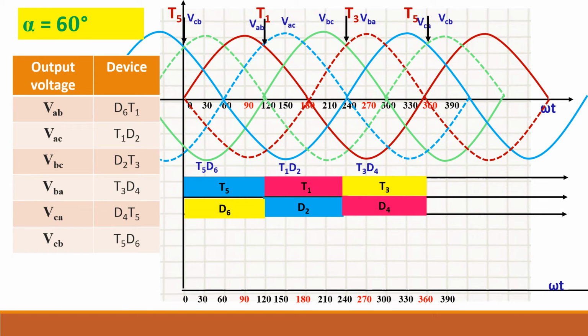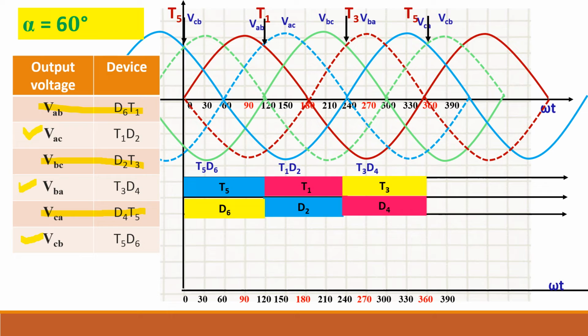First you are getting T5 and D6, then T1 D2, then T3 D4. So this is not there, this is not there, this is not there. So your conduction table has reduced.